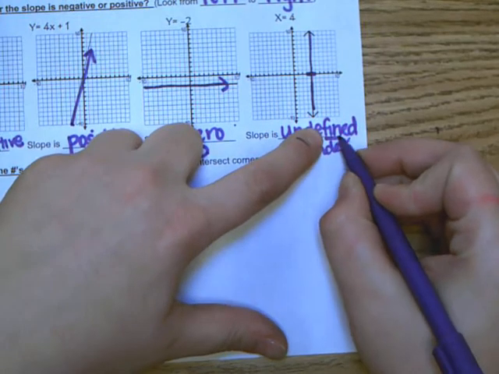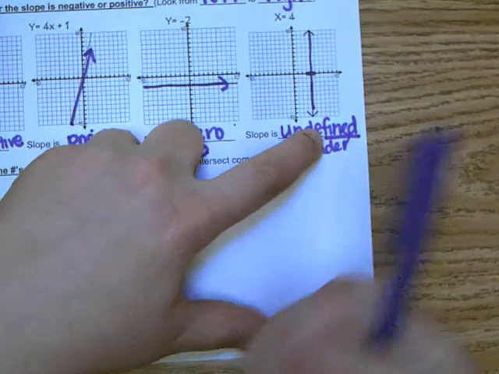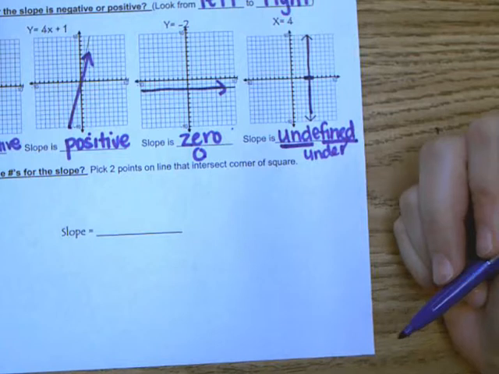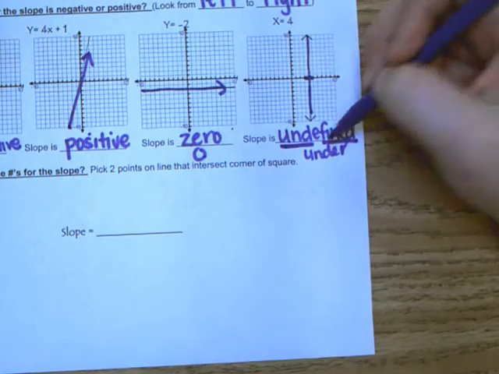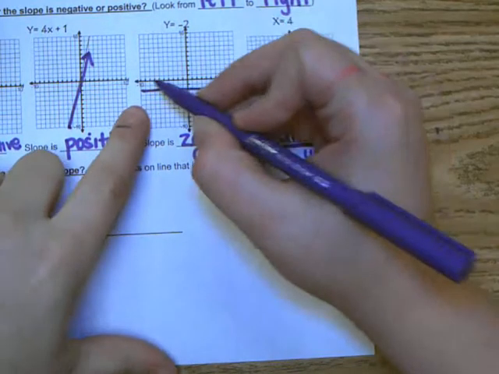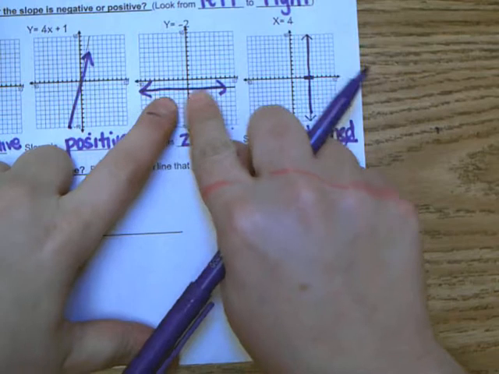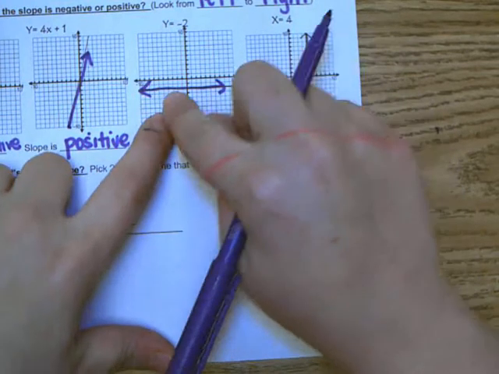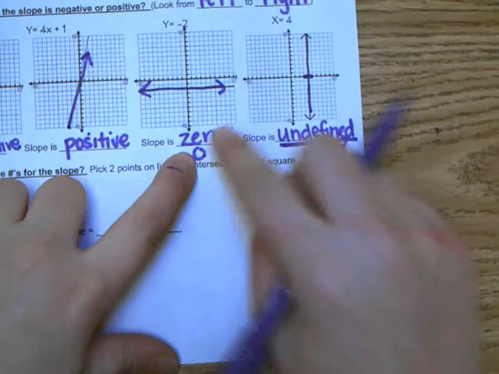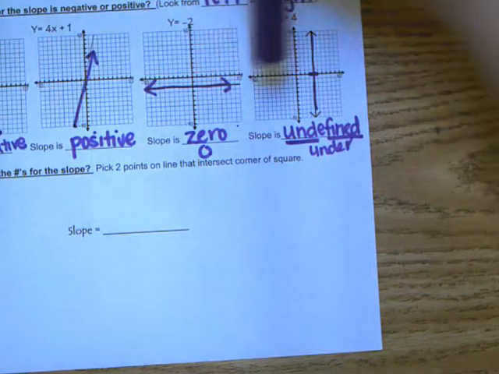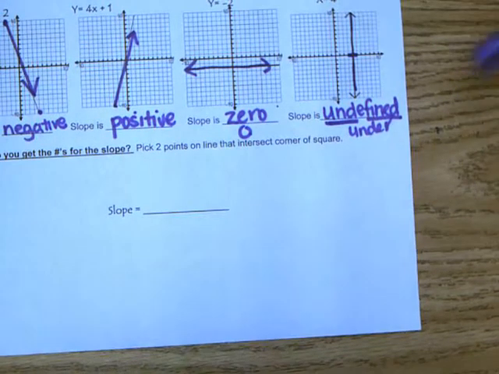I would be under the snow, and I would never be found. So any vertical line has a slope of undefined. Any horizontal line will have a slope of 0.